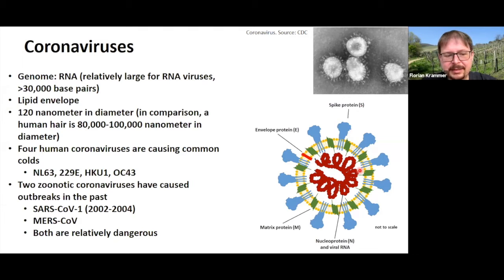And then we have the Middle Eastern Respiratory Syndrome coronavirus, or MERS, which still jumps from camels in the Middle East into humans, but there are not that many cases, and it doesn't transmit very well from human to human. Those 2 are dangerous. They have case fatality rates of about 6%, sometimes higher.